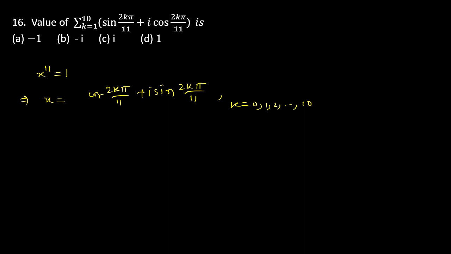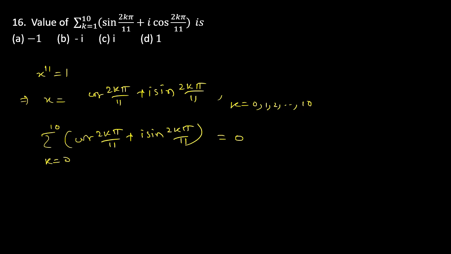Now, if we add these roots, we get the sum of cos 2k pi by 11 plus i sin 2k pi by 11, k equal to 0 to 10. If we add this, we get 0.